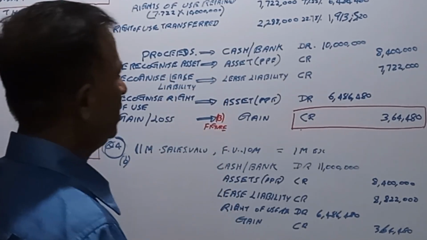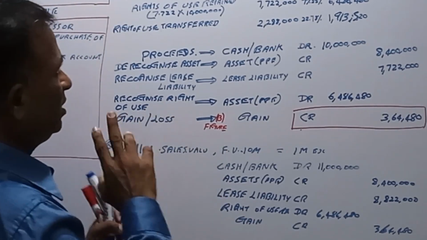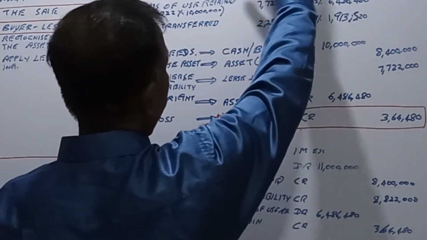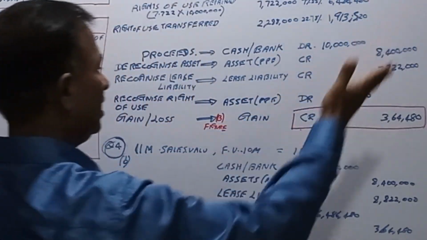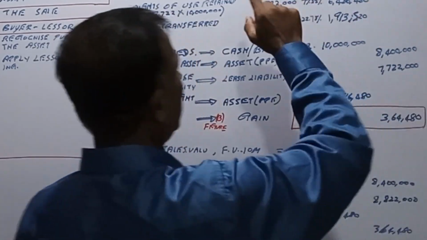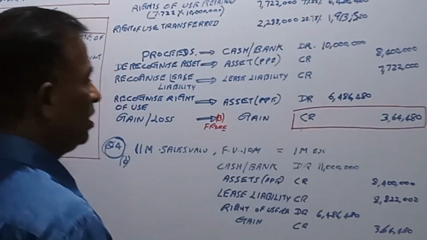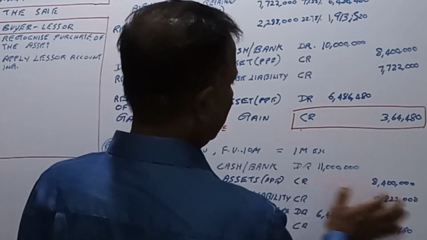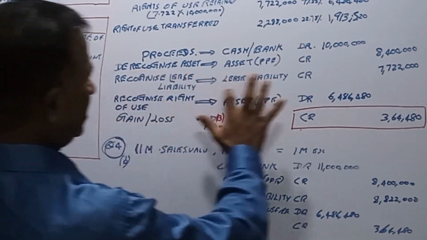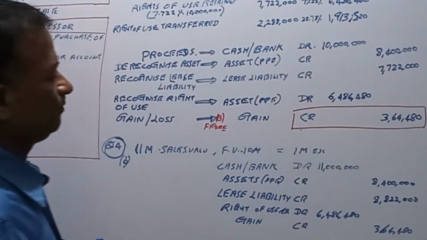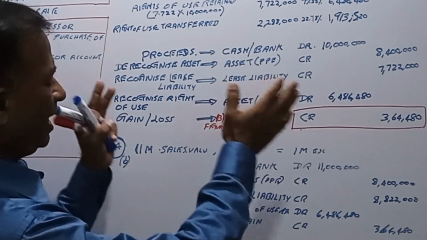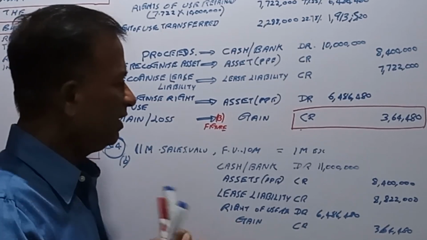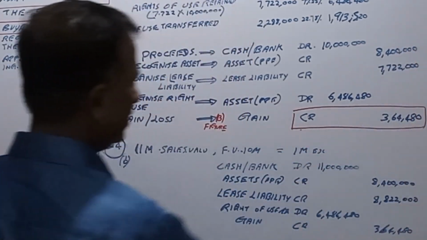So when the sale takes place at higher than the fair value, the difference between the fair value and the sales value is taken and added to the lease liability, right? That's why I took the same question and gave it in a different form, so you can understand it easily.